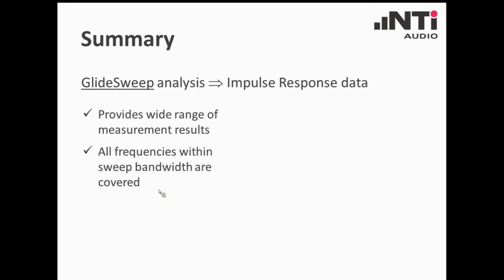So if we want to know the level at a specific frequency, we are absolutely free. There are no steps. It's a continuous or gliding sweep which provides all the information we want. And also important, glide sweep is a very fast test method, and another advantage, we can define the duration of the glide sweep in advance.